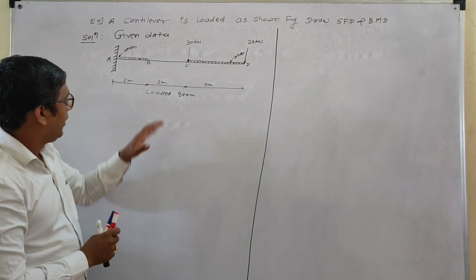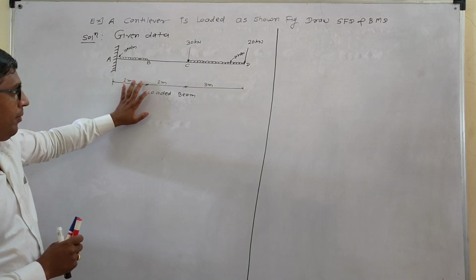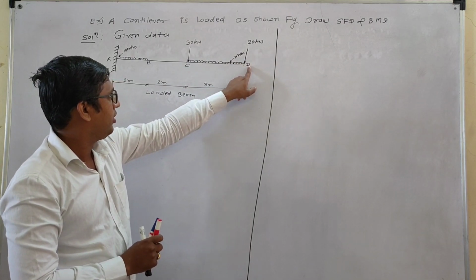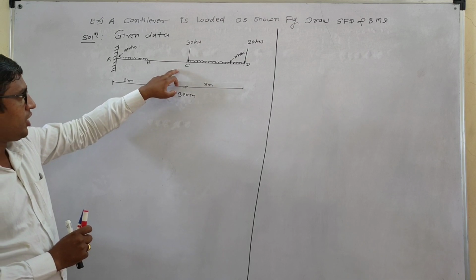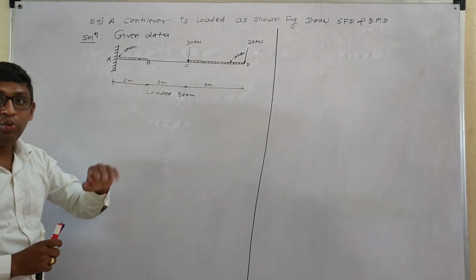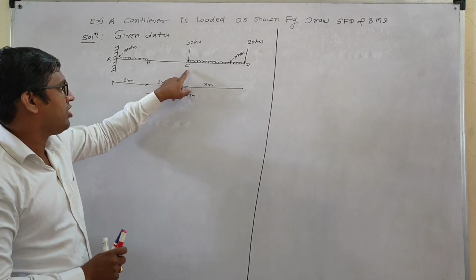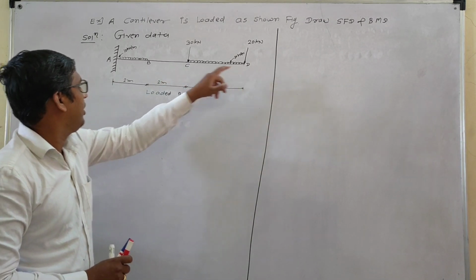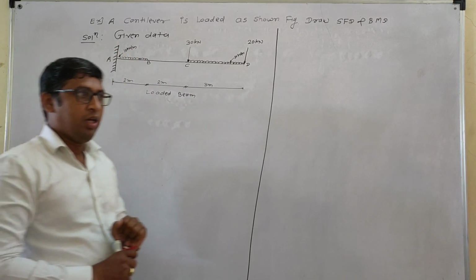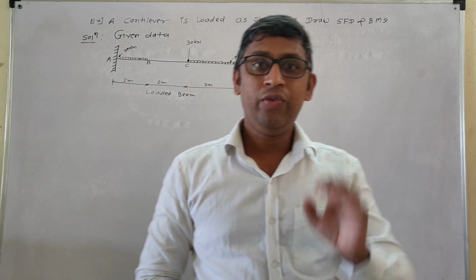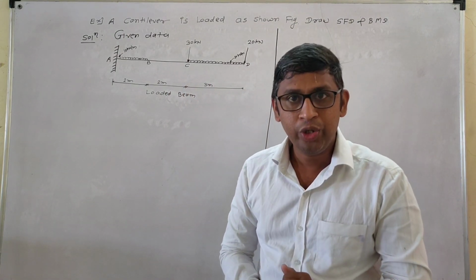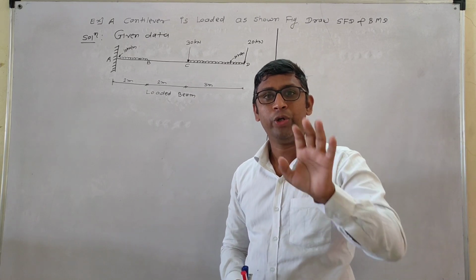First, learn. In that cantilever beam, a point load is given at the free end, another point load is given at point C, and then two UDLs are given, in the span C and D and in the span A and B. I already told you, if UDL is there, then you have to convert that UDL into the equivalent point load.